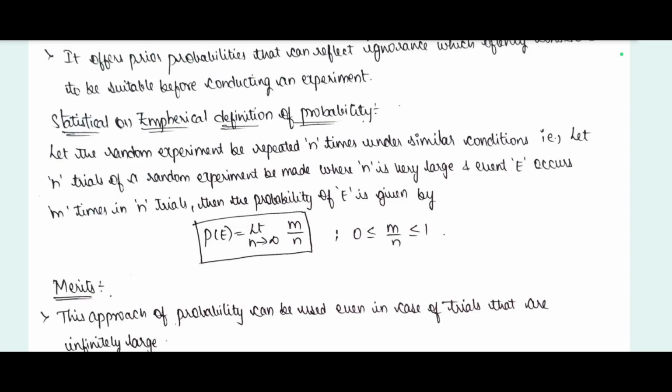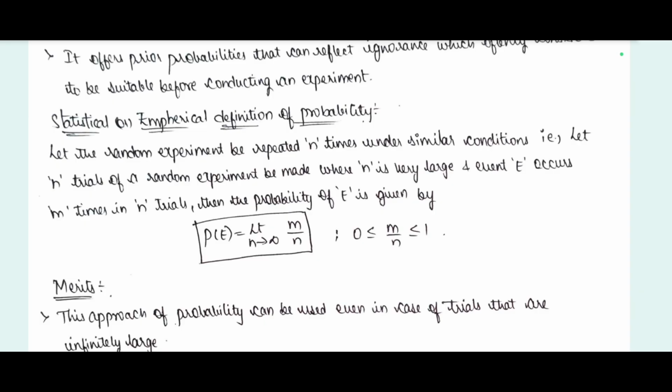Then the probability of E is given by probability of E equals the limit as n tends to infinity of m divided by n, where 0 is less than or equal to m by n, which is less than or equal to 1.